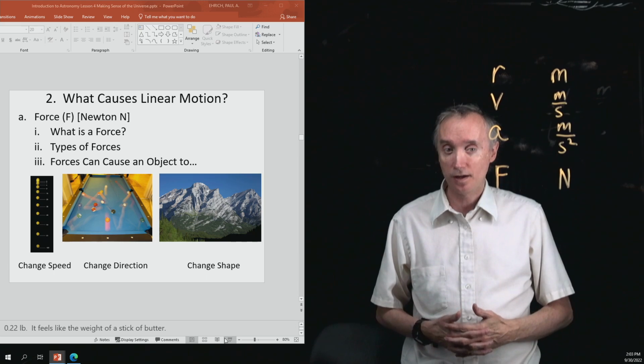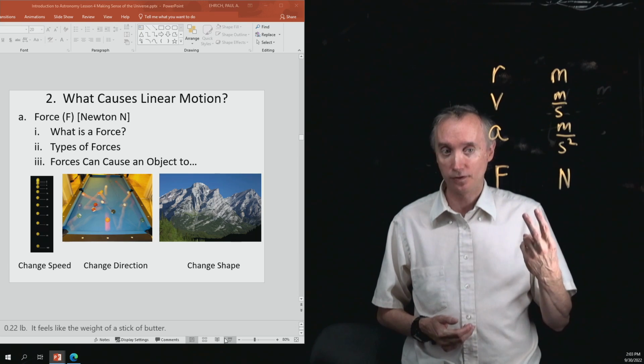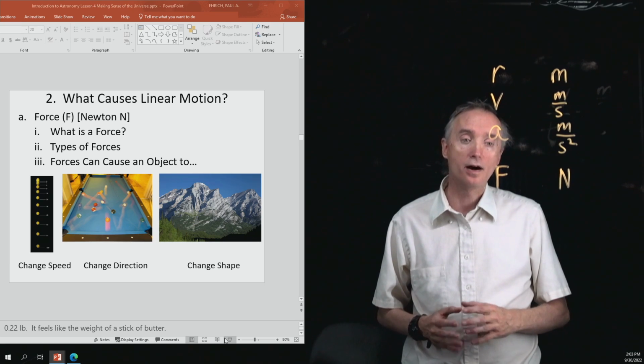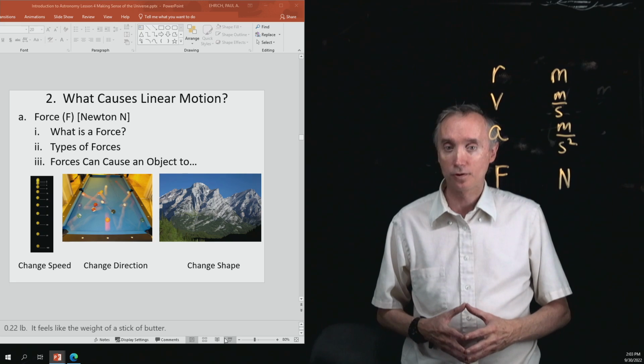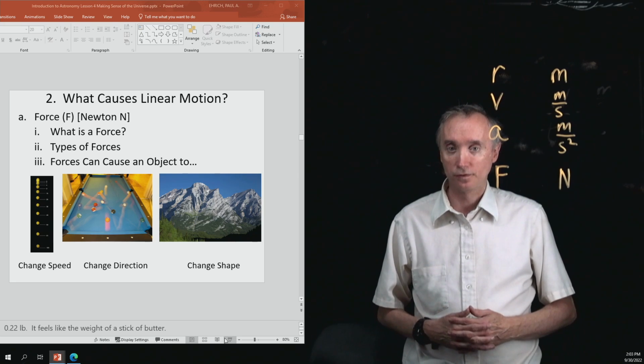When you put those together, that's electromagnetism. So that's the second fundamental force. And then there are 2 more that operate inside the nucleus: the strong nuclear force and the weak nuclear force. Ultimately, these are the 4 forces that hold the universe together.